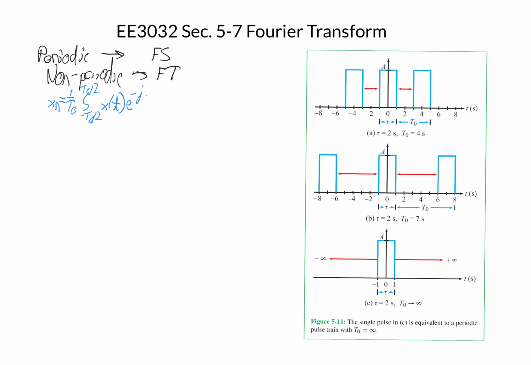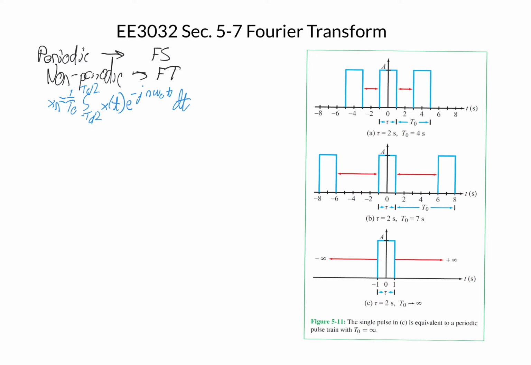The frequency is n omega naught, and the time variable is t. Now, we see that in case A and case B, as T naught, the period, is increasing, omega naught is becoming a smaller and smaller number. So a longer period leads to a smaller frequency, omega naught.